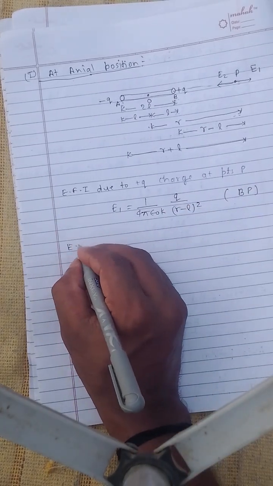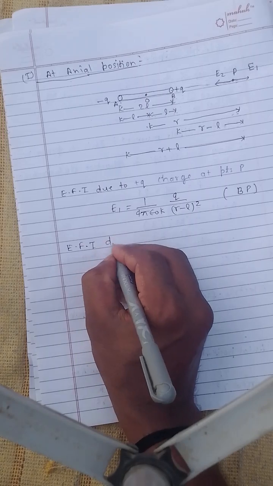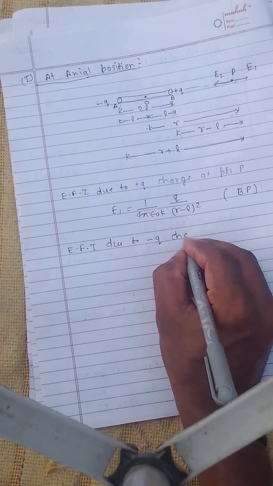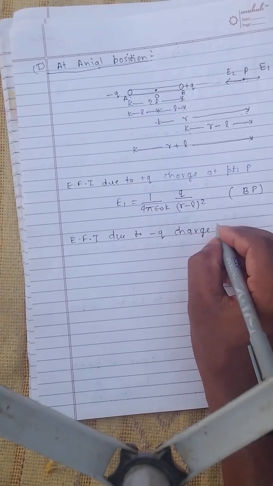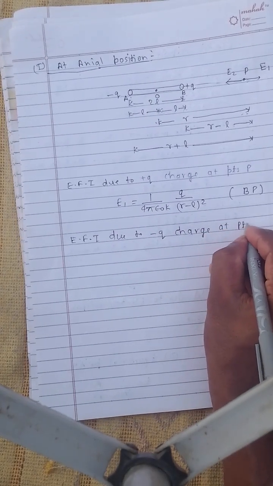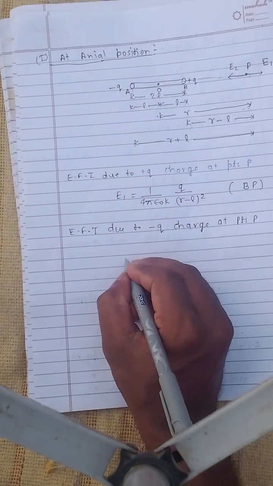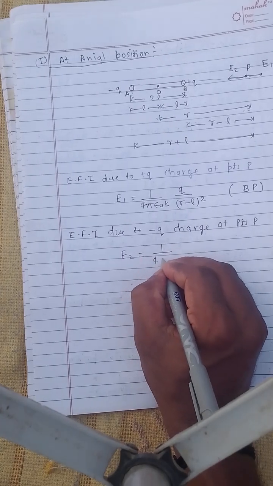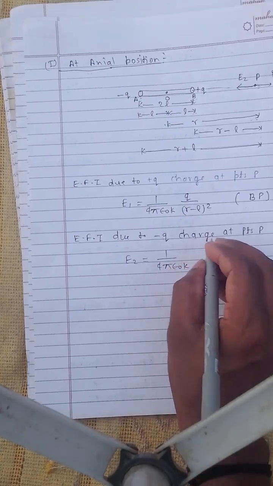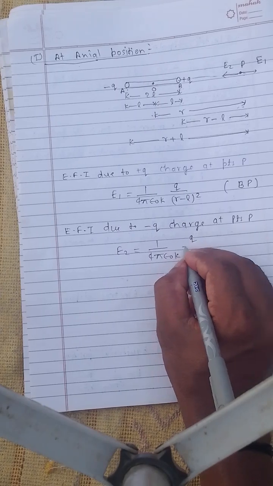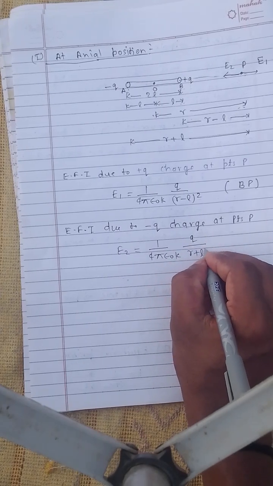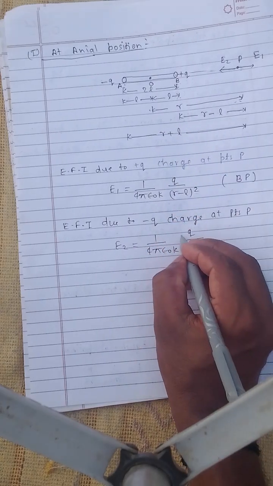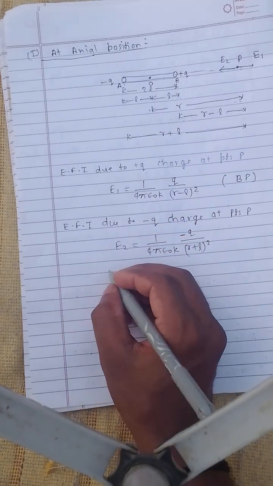The electric field intensity due to the negative charge at point P, E2, is equal to 1 upon 4 pi epsilon naught into K, q upon (r plus L) whole square. The distance between A and P is r plus L, and this has a negative sign.